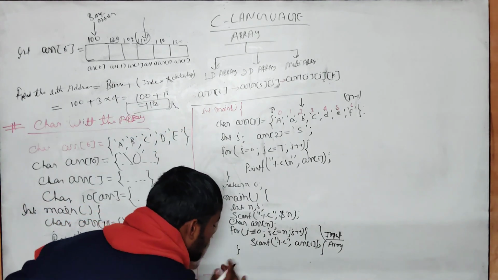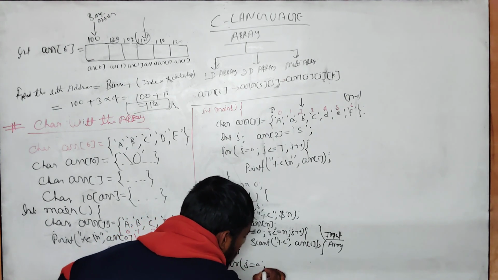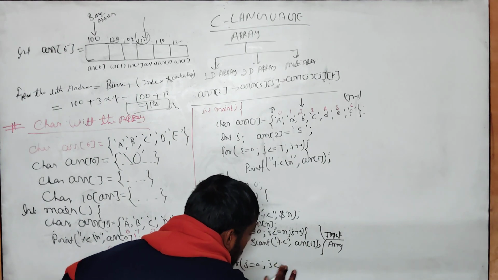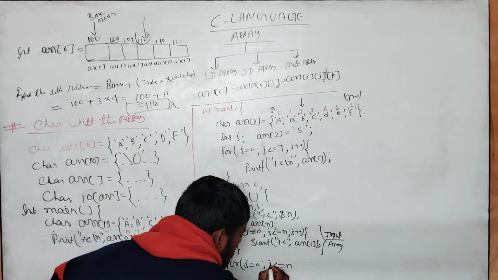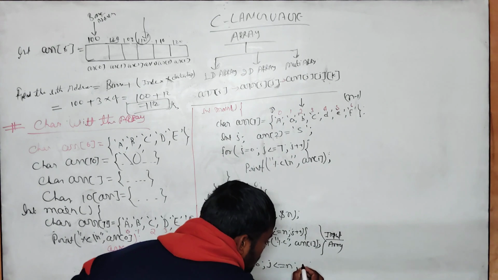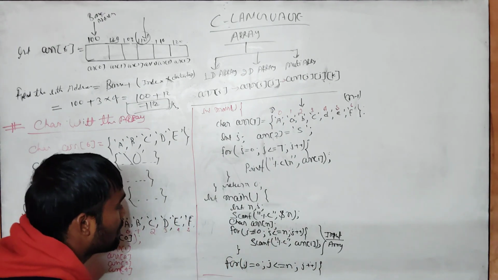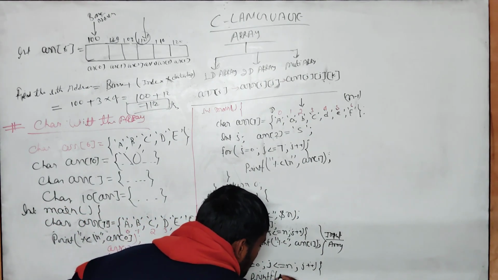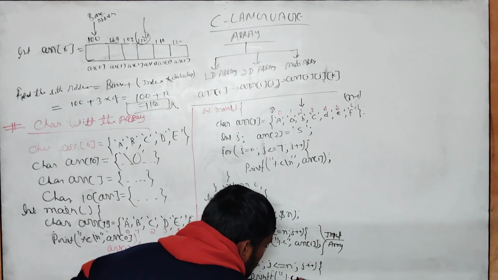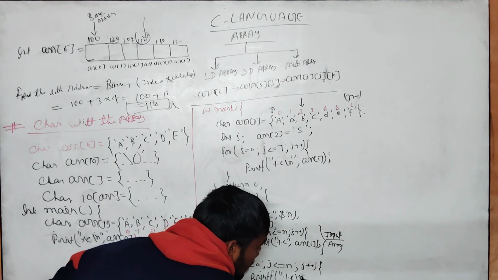And now I am going to print the array. Here I am using one for loop: i equal to 0, i less than n, and we can also take another, different variable j, j plus plus. After that I will print one statement, printf with %c and a slash n.